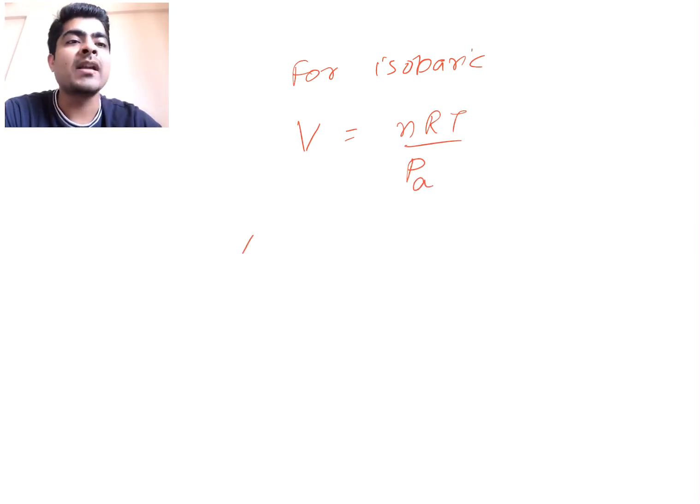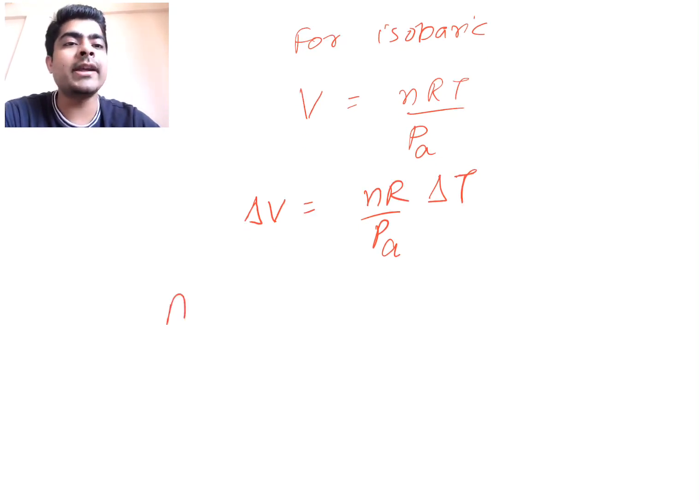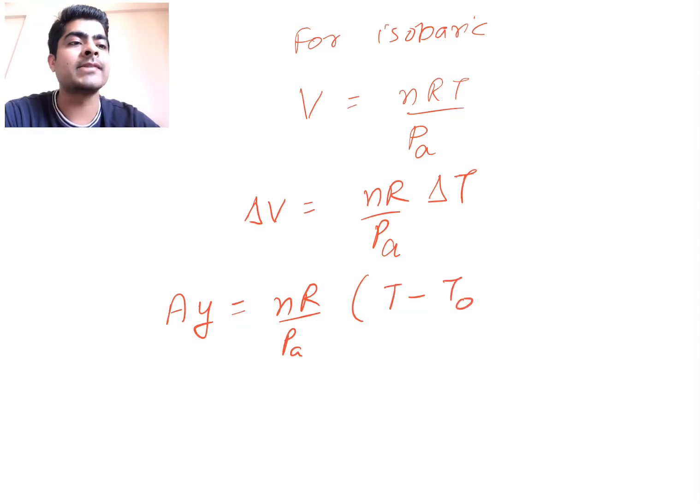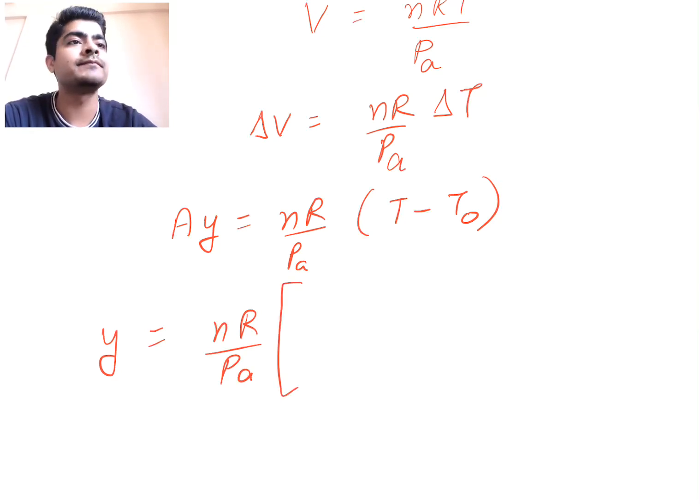Pa is constant, so delta V will be equal to nR by Pa delta T, because all the other variables are constant. So Ay will be equal to nR by Pa, delta T will be what? T minus T0. So y will be equal to nR by Pa. What is the value of T?